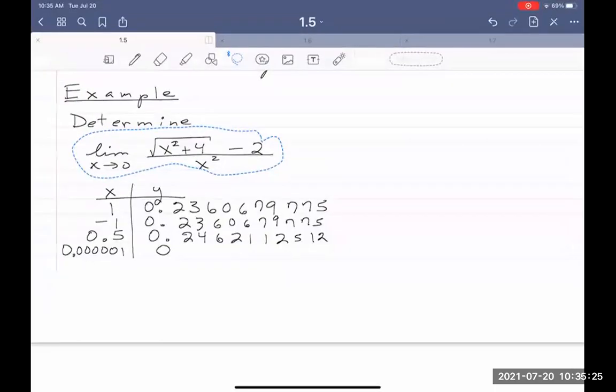It'll take me a second to put in the actual question. It's the square root of x squared plus 4, minus 2, over x squared. Okay.